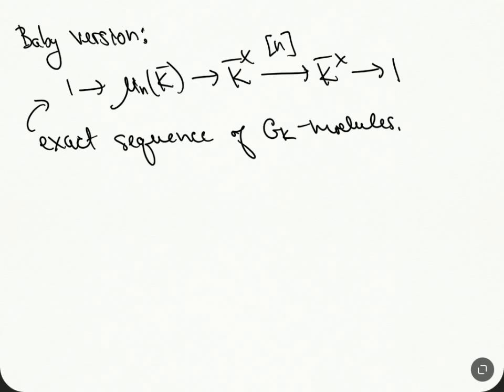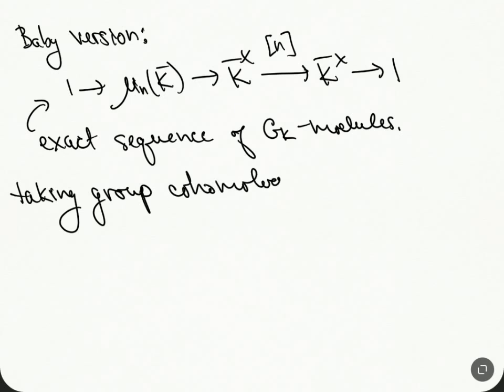All right, and so we can take cohomology of this. So taking group cohomology, what do we get? When we take group cohomology, I'm just going to start with the H0 term here. We have the short exact sequence, and to every short exact sequence there's an associated long exact sequence.